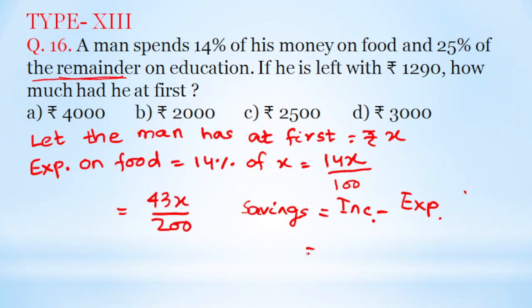So that is equal to, here income is x minus total expenditure. Here total expenditure is 14x by 100 plus 43x by 200.